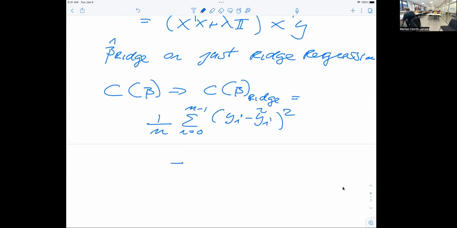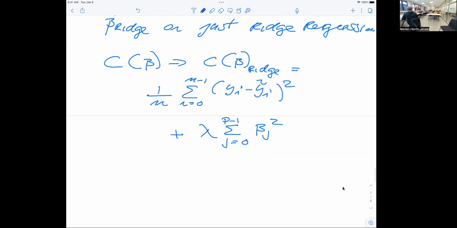But now we have a new term which goes like a parameter lambda, and then a sum over j equals 0 up to p minus 1 of beta_j squared. So this introduces a new parameter.